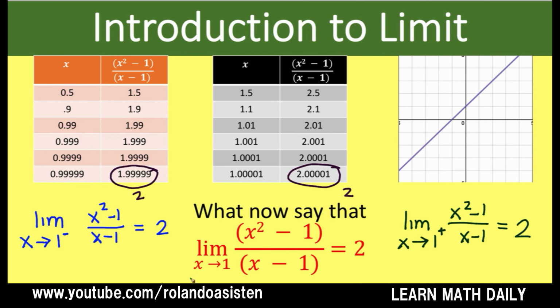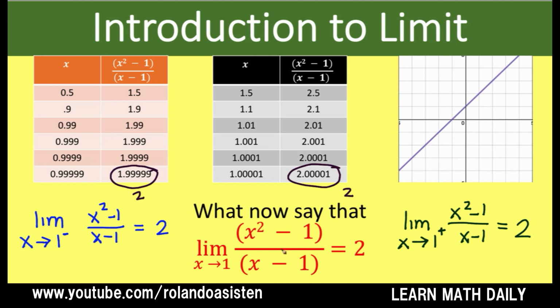If you have this notation, x approaches 1, and you don't have this small minus sign nor this small plus sign, this is called a two-sided limit. Whereas this one is called a one-sided limit, and this other one at the right is called a one-sided limit. And this limit at the middle is what we call the two-sided limit.